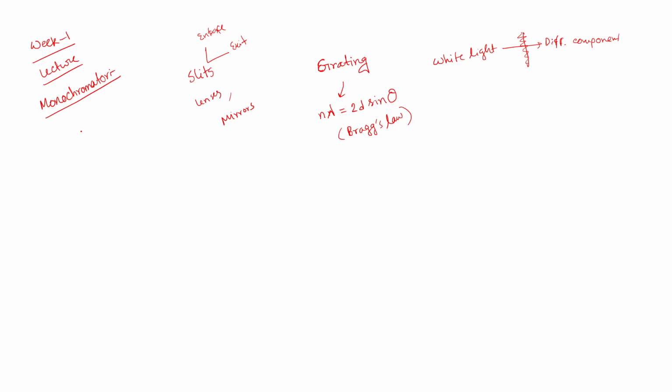This monochromator is true for the excitation monochromator as well as the emission monochromator. I told you that during emission we scan the emission monochromator. Scanning in a monochromator actually means that we are changing the tilt of the grating, not the other parts.